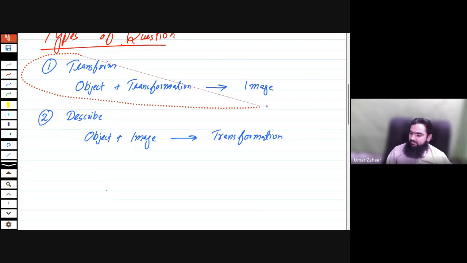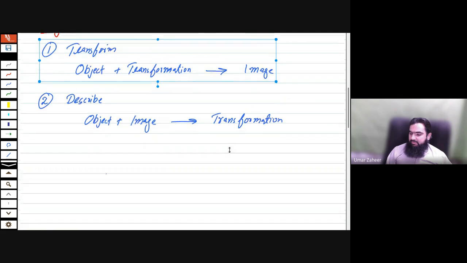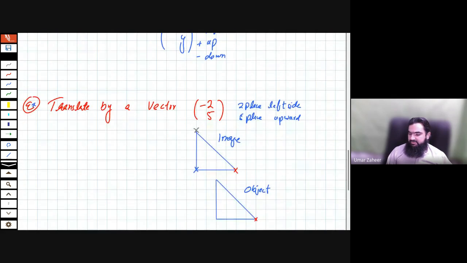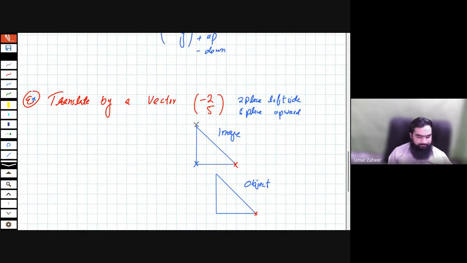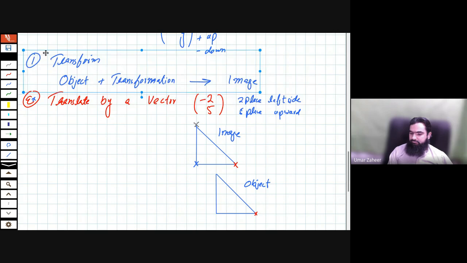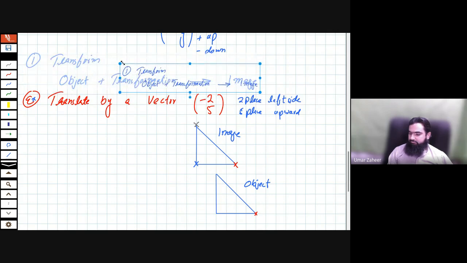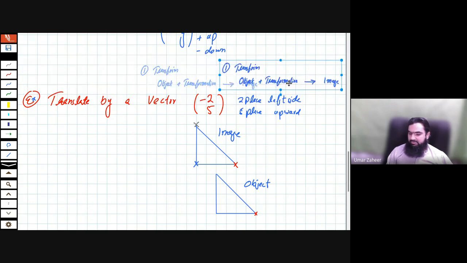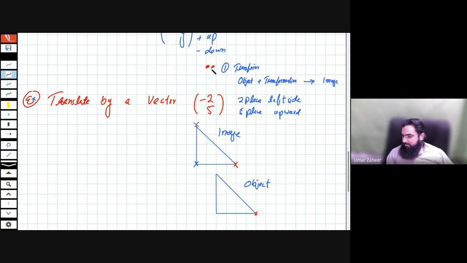This is your first type of question. The examiner gives you the object and the transformation, and you have to make the image. Any question up to here?